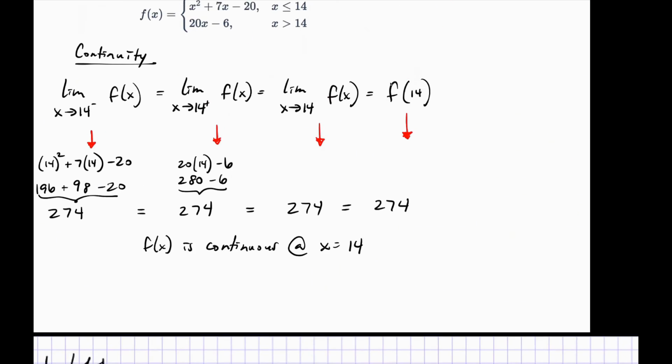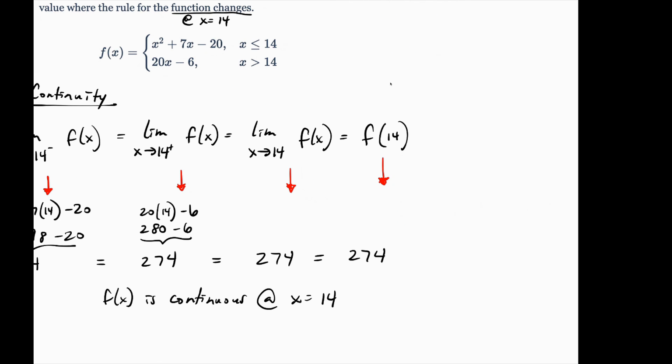So let's go up here first. First thing we're going to do is go up here, and on the side here, we're going to figure out what f prime is. We're going to find the derivative of f.